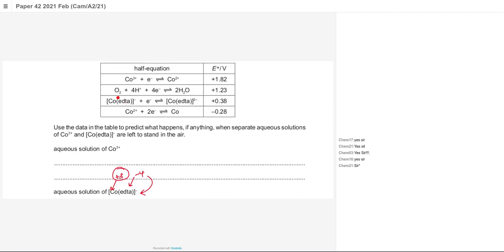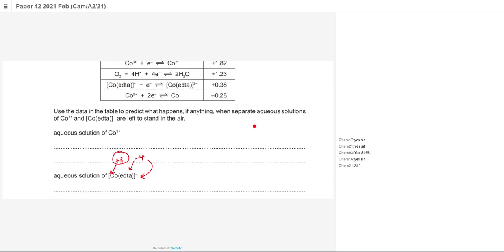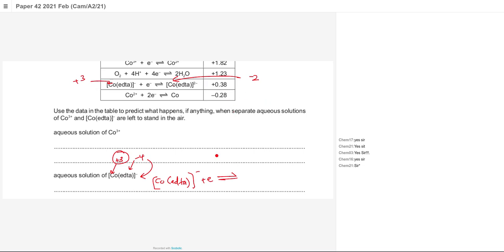That means we have to consider this equation, which is cobalt EDTA minus plus e. Then again, I have to write this as reduction, because now see, in this case cobalt is +3. What is cobalt here? +2, right? This is reduction.